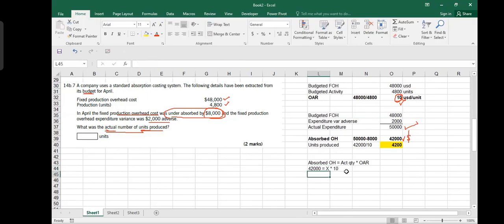That's how you can say that X is equal to 42,000 divided by 10, which means that X is equal to 4,200. So that's pretty simple, just a little bit of mathematics. But this question is not from sales variance. Unfortunately, they put it in the sales variance section, but typically it's not a sales variance question.